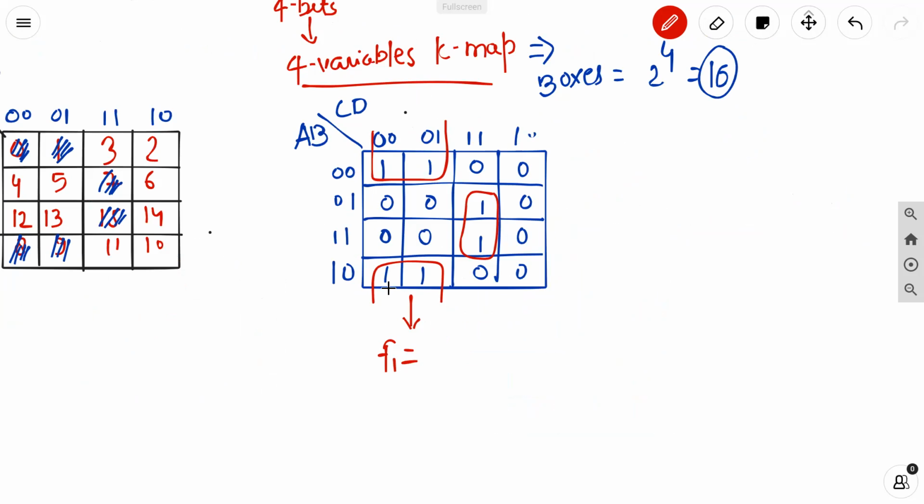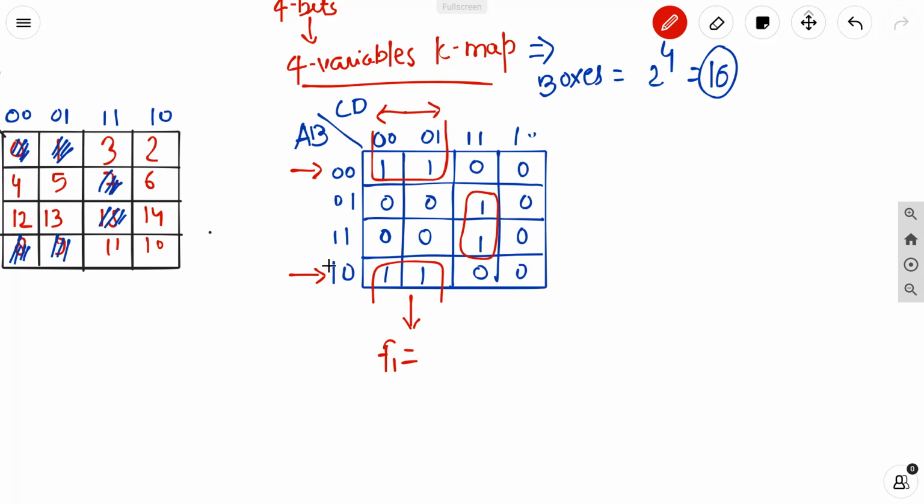This particular quad involves these two rows and these two columns. For these two rows, B is not changing, meaning B is 0 here and 0 here, while A is changing, 0 here and 1 here.